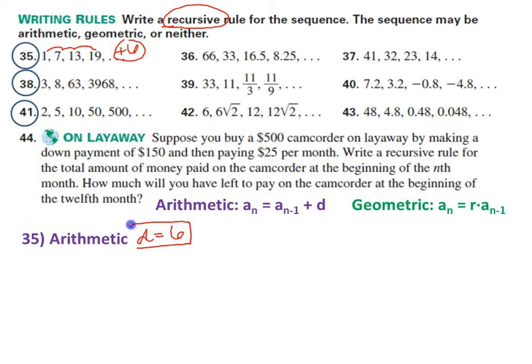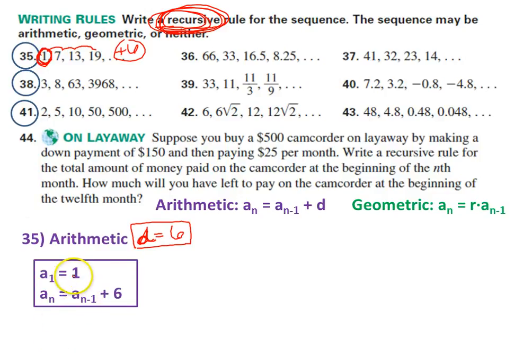We're adding 6 every single time. So all we're doing is plugging in. All it wants is recursive. So what's our recursive? Where do we start? Remember, always define where you start. So a sub 1 equals 1. And then to get our recursive, it's just a sub n equals a sub n minus 1 plus 6.